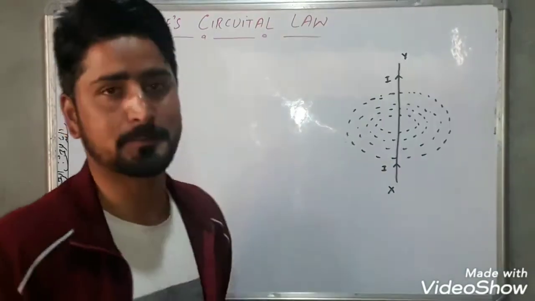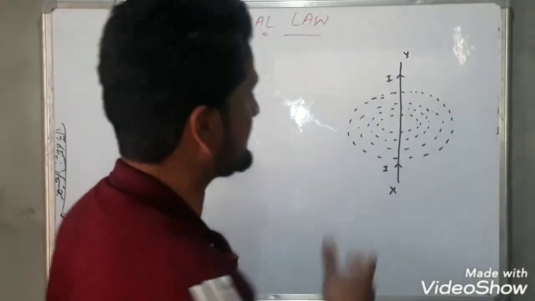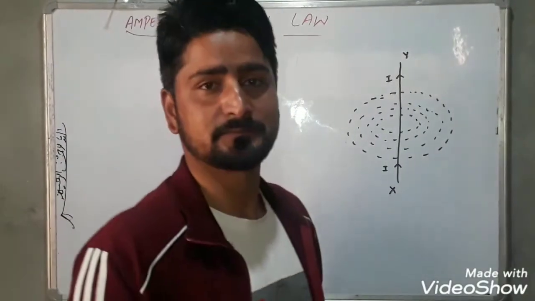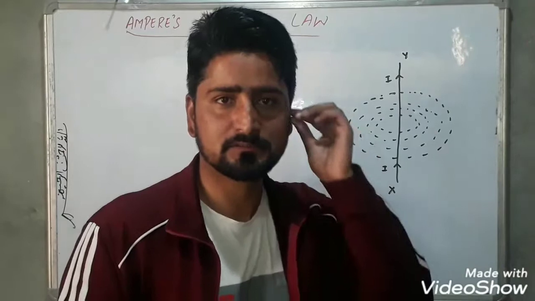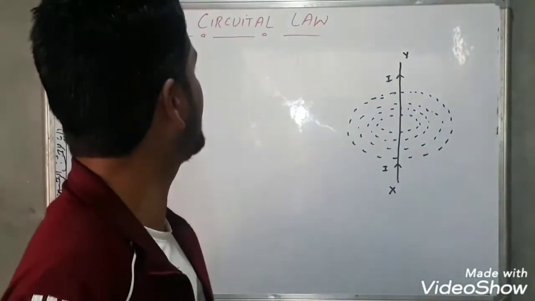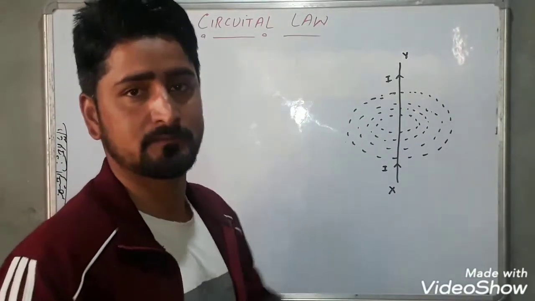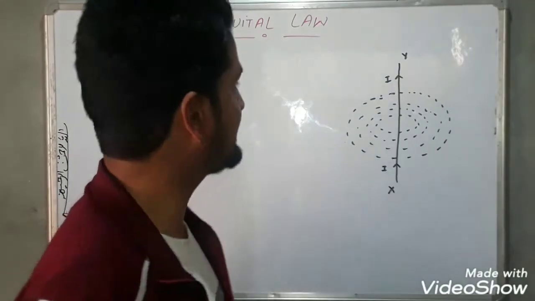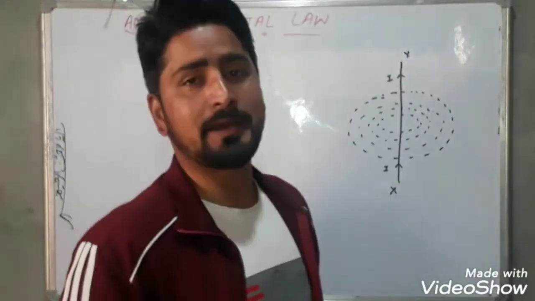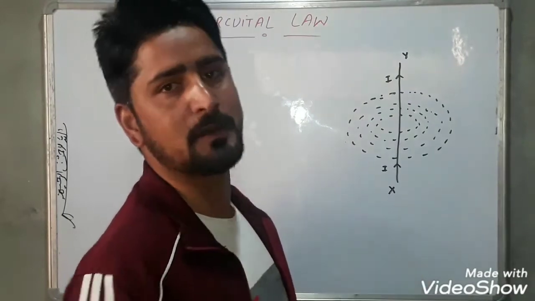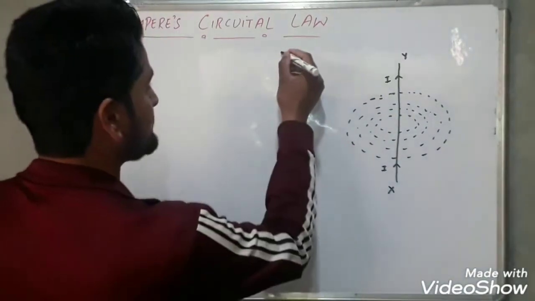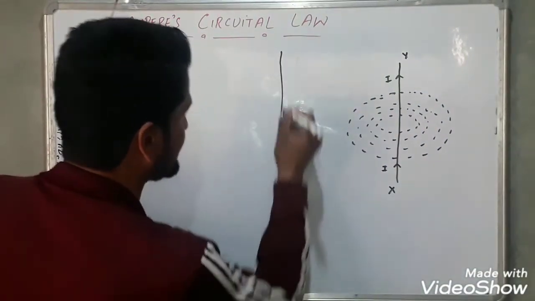Okay, now how to calculate the magnetic field for any closed path? We will make use of a law called Ampere's Circuital law, which states that the line integral of the magnetic field around any closed path. Suppose this is the current carrying conductor.